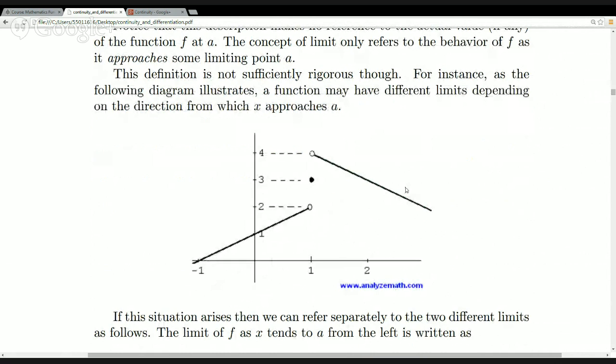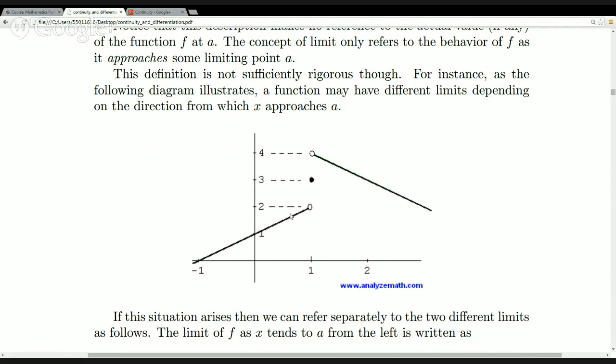Its graph is made up of the union of these two straight line segments, coming on this straight line here as you approach one from the left, and moving along this line as you move away from one on the right. And the actual value of the function at one itself is specified somewhat arbitrarily at the value 3.